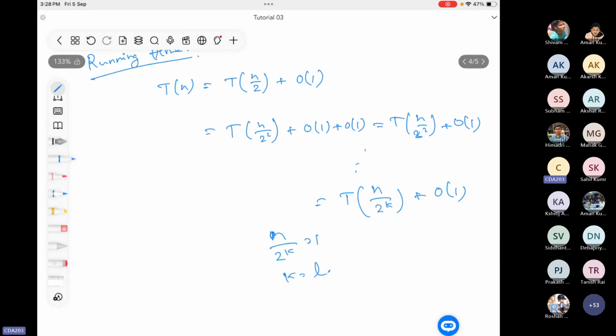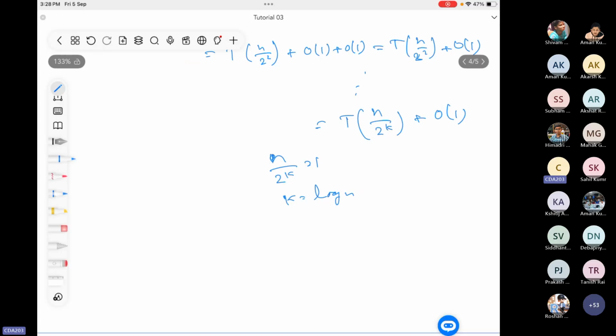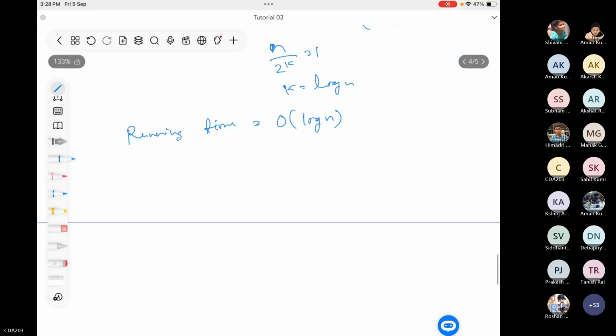And from here you get k equal to log n. So your running time is order log n.